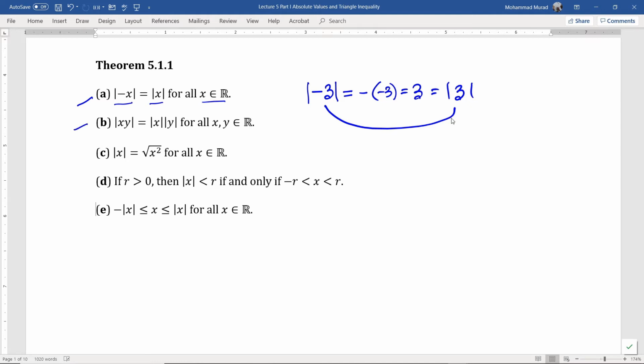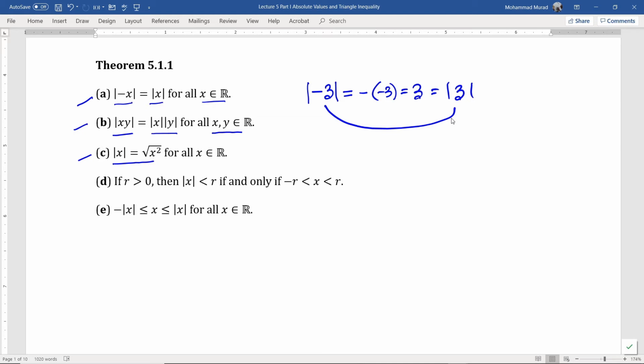Statement B. The absolute value of the product of two real numbers equals the product of their absolute values for all real numbers x and y. Statement C. The absolute value of x equals the non-negative square root of x squared for all real numbers x.